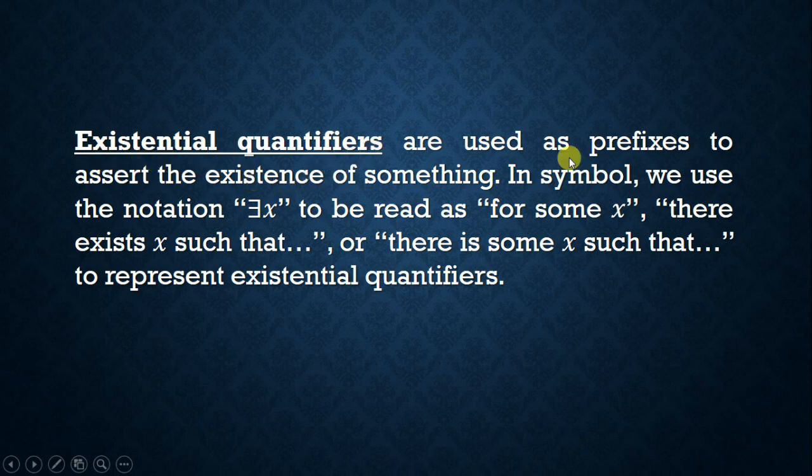Existential quantifiers are used as prefixes to assert the existence of something. In symbol, we use this notation here, to be read as "for some x," "there exists x such that," or "there is some x such that," which represents the existential quantifier.